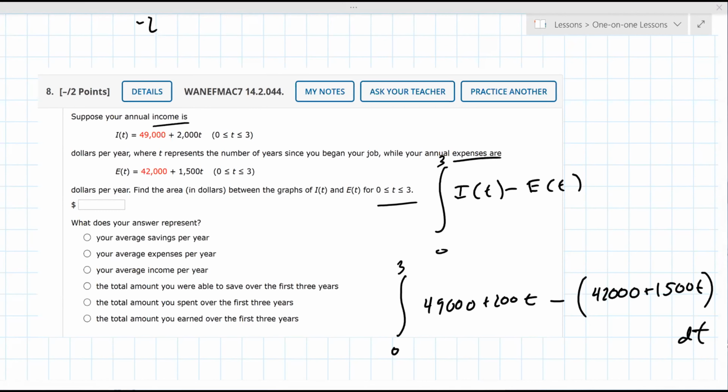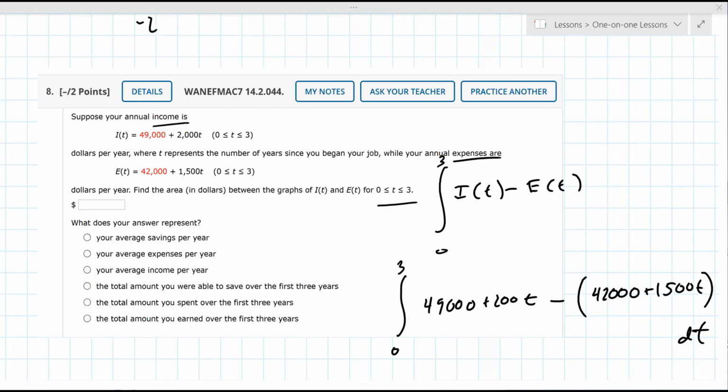Okay. So let me plug this into our calculator. I got 15,150.